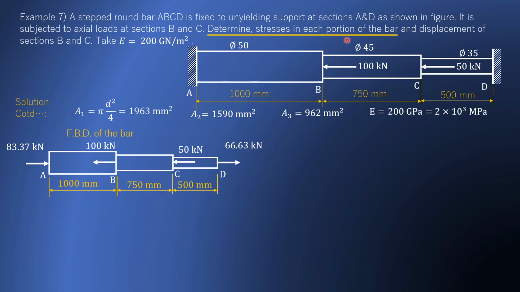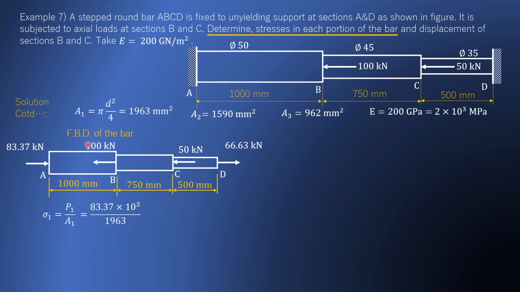Determine stresses in each portion of the bar. Stress we'll find out first. Sigma 1 is P1 upon A1. Simple. Stress in the first part is load on the first part divided by cross-sectional area of the first part. Take a section in the first part. What is the load on the first part? 83.37.